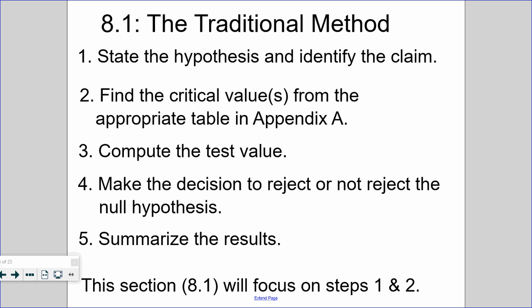After you find the critical value, you're going to compare your test value to the critical value, and you're going to make a decision to reject or to not reject the null hypothesis. And then after you do that, you'll summarize your results.